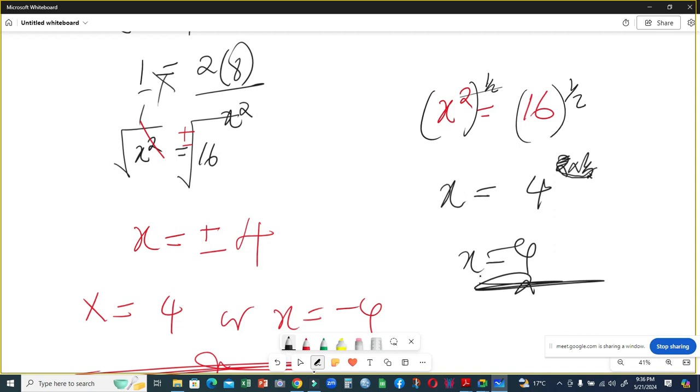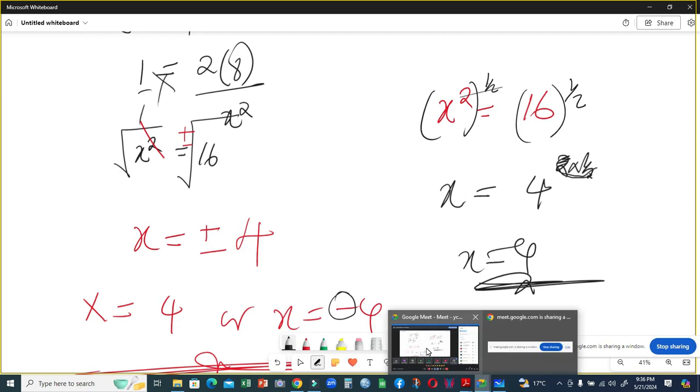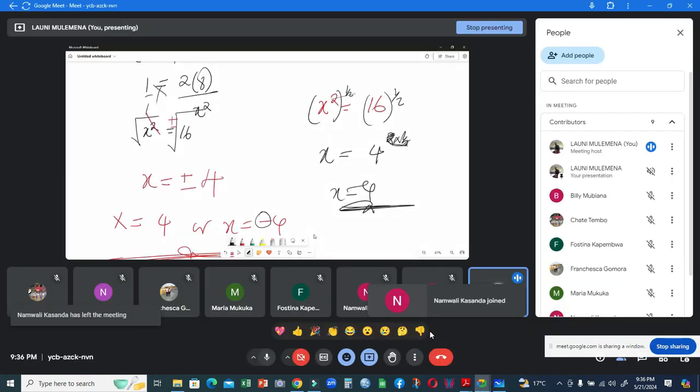Now you have lost a mark on the negatives, because there's a rule that says that when you introduce the square root, you need also to add the positive or negative. However, this is another way, but under normal circumstances, anything raised to power half is the same as the square root. Are you okay with my response, Madam Grace?